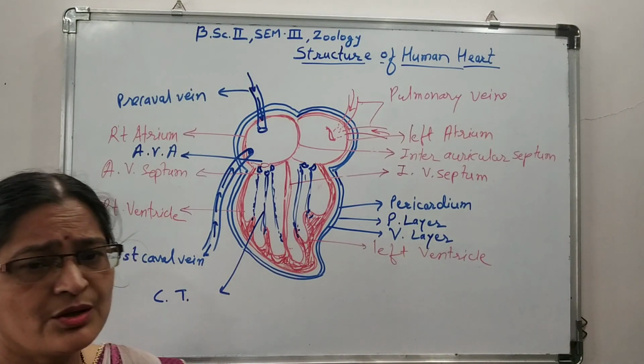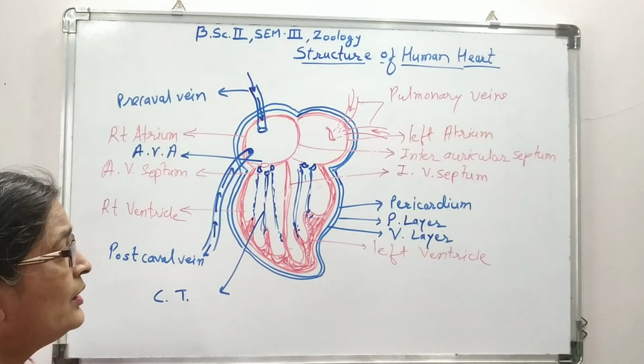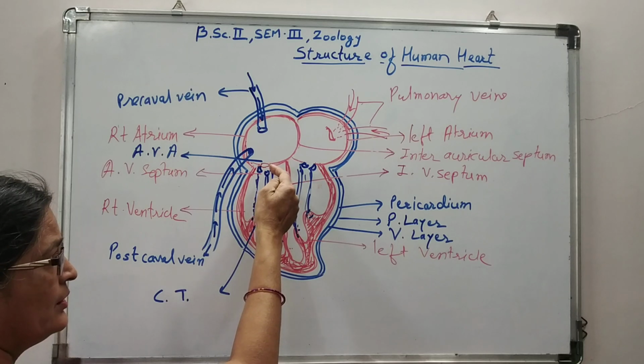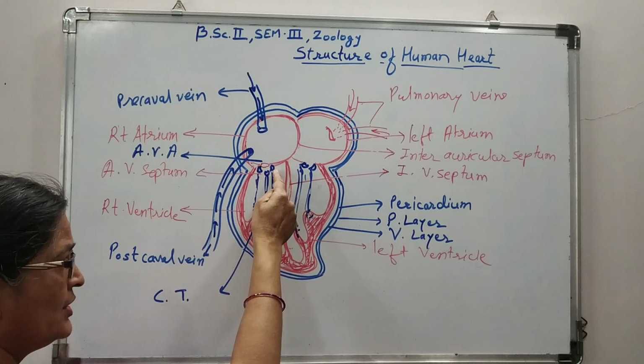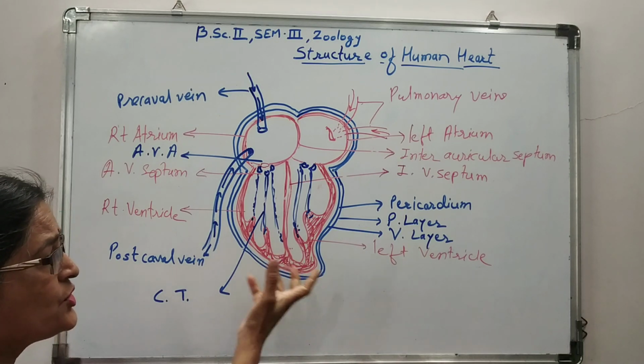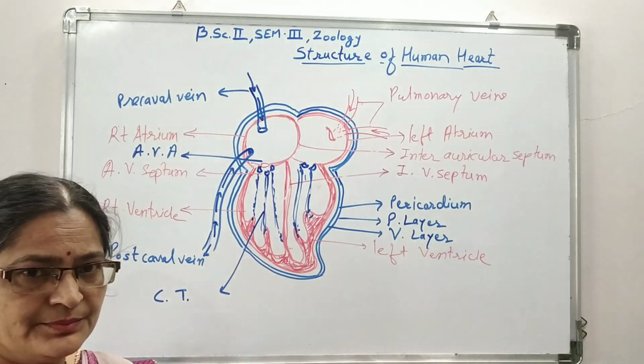Now what is the function of these chordae tendineae or this attachment? Due to this attachment of these valve flaps to the inner wall of the ventricle, it gives a spongy appearance to the ventricle. Clear?